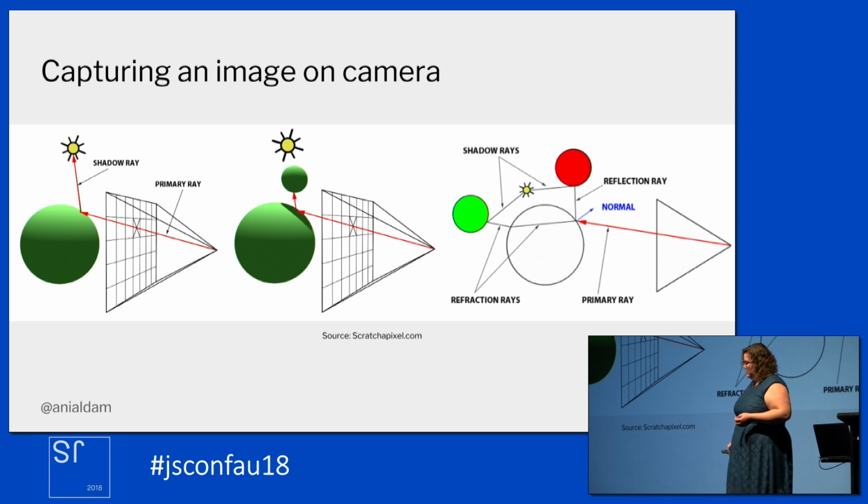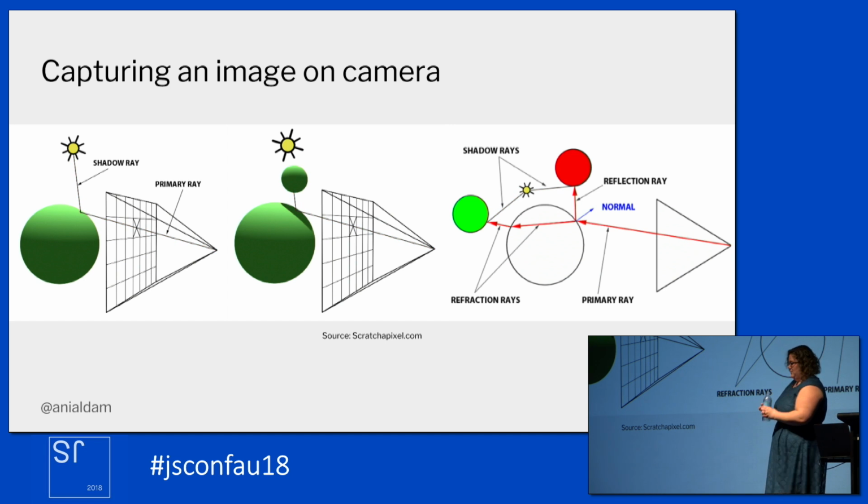What we actually want to do is see how much of our light gets reflected and how much of our light gets refracted or transmitted through the solid. And that's just a mathematical equation that we can do.